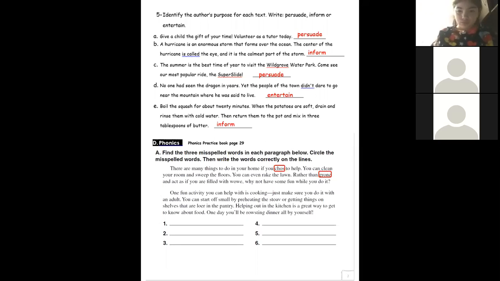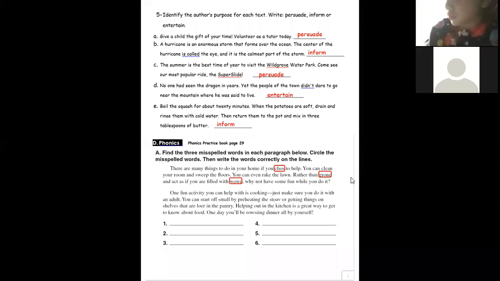Woe is wrong. So groan is wrong. How should we write it? WOE. Yes, woe, W-O-E. And groan is also wrong, G-R-O-A-N. Thank you, Jude.